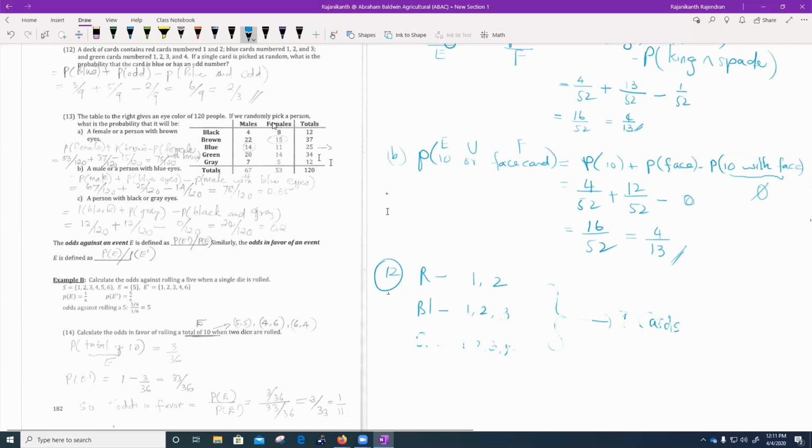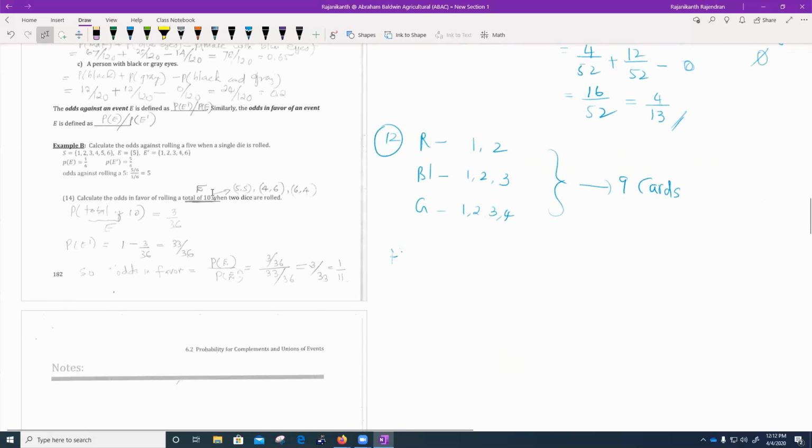Okay, now you are shuffling all 9 cards and you are drawing only one card randomly. What is the probability that the card is blue or has an odd number? So the question is finding the probability of getting a blue card or an odd number.